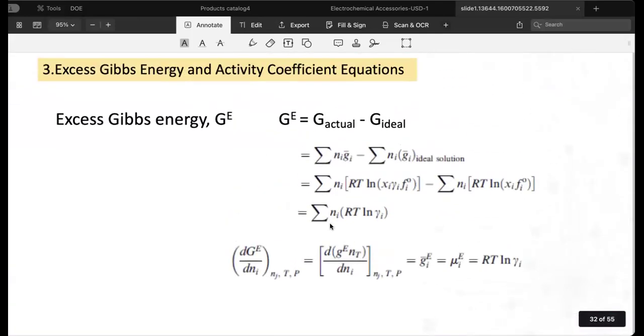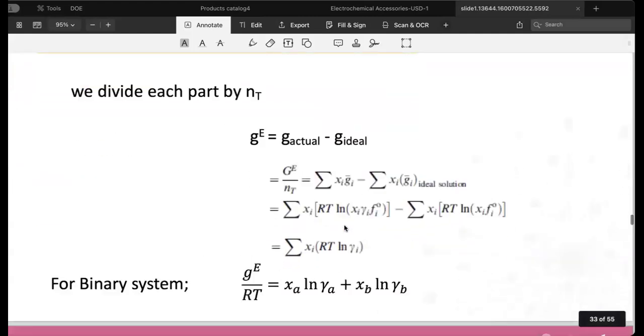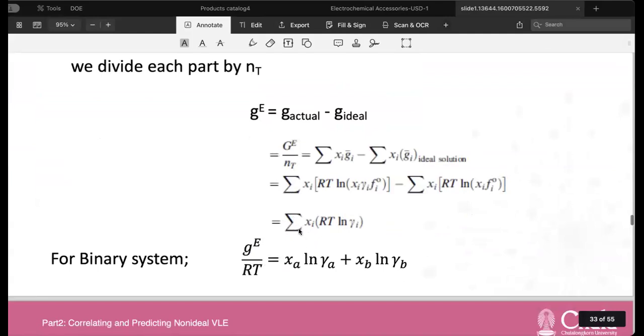If we work with fractions instead, we divide it by the total mole, then we can write it in this form, summation of xi instead of ni. xi is a mole fraction, right? xi RT log gamma i. And for a binary mixture, R is constant and temperature is also constant, so you divide both sides by RT.